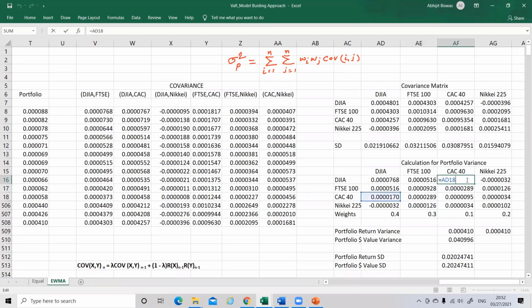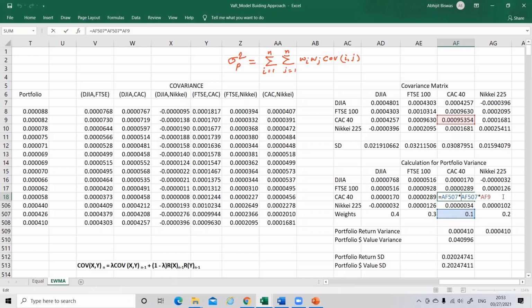This is already calculated, so just type equals AD18. This is also already calculated, so just type equals AE18. This is basically weight of CSE multiplied by weight of CSE multiplied by covariance between CSE and CSE, that is nothing but variance.